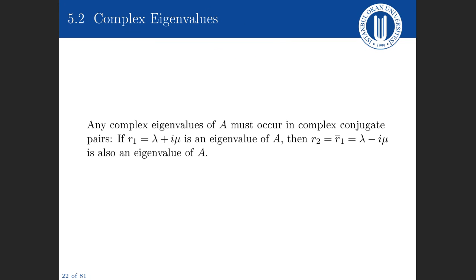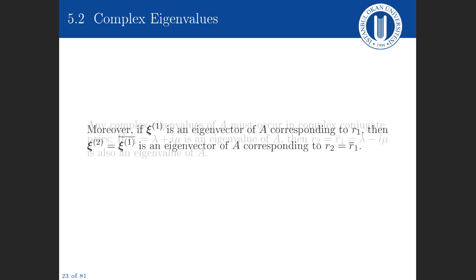Now, if we have complex eigenvalues of our matrix, then they must occur in complex conjugate pairs. So if lambda plus i mu is an eigenvalue, where lambda and mu are real numbers, then lambda minus i mu is also an eigenvalue of A. And we can say the same thing for eigenvectors.